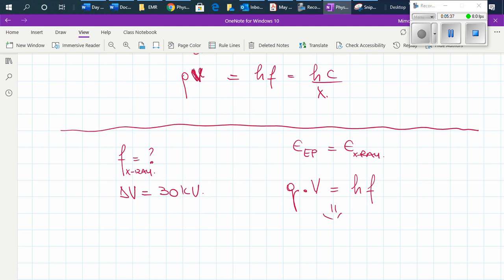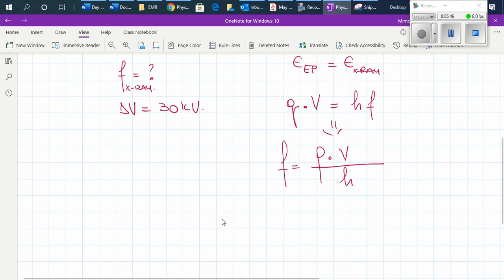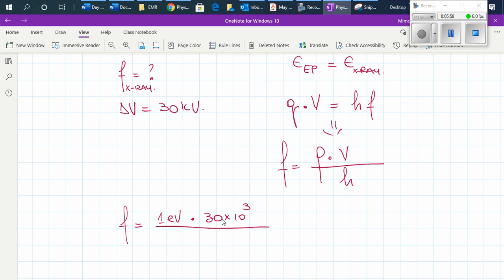From here we find that frequency is Q times V over h, or since we are dealing with the electron, this will be 1 electron volt times 30 times 10 to the power of 3 to convert into volts, over 4.14 times 10 to the power of negative 15 electron volt seconds.